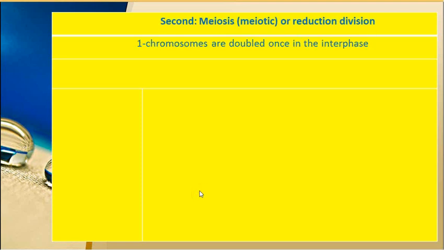And firstly, to explain meiotic cell division, or reduction division, we have to know that in the beginning we start with interphase, also like mitosis. Chromosomes are doubled once in the interphase. But the difference here is that mitosis is different from meiosis. Meiosis occurs in two stages: first meiotic division and second meiotic division.